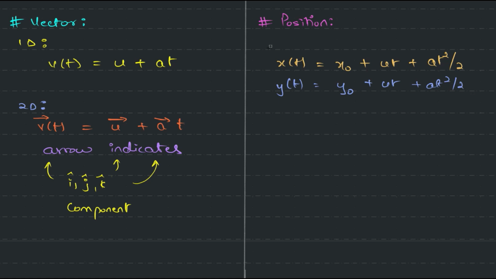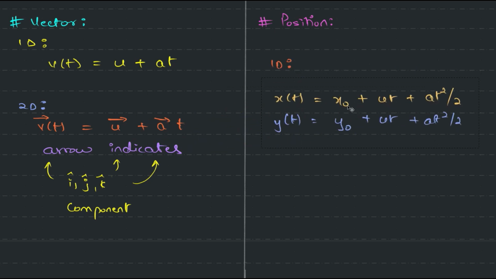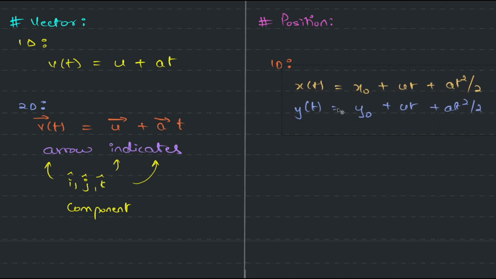This is for your one-dimensional motion. So when we are dealing with one-dimensional motion, our equations look like this, the position. So if I rearrange all of that, you'll get your displacement vector.